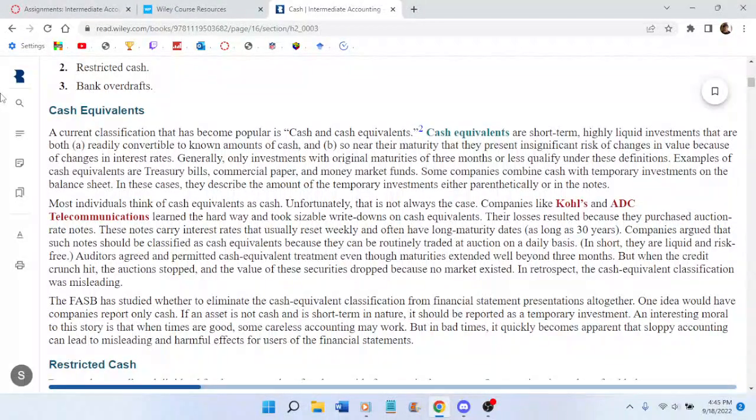Cash equivalent. Cash and cash equivalents. Cash equivalents are short-term, highly liquid investments, readily convertible to known amounts of cash, so near their maturity that they present insignificant risk of changes in value because of changes in interest rates.